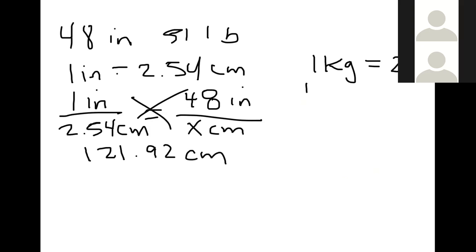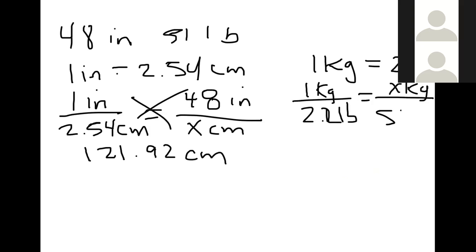So now 1 kilogram over 2.2 pounds is equal to x kilograms over 51 pounds.